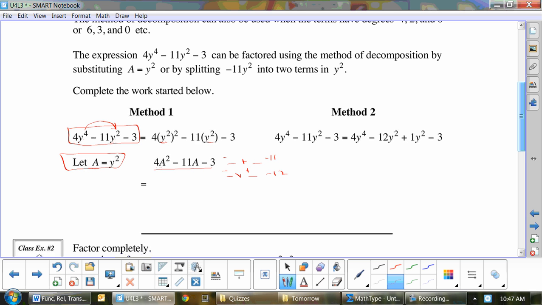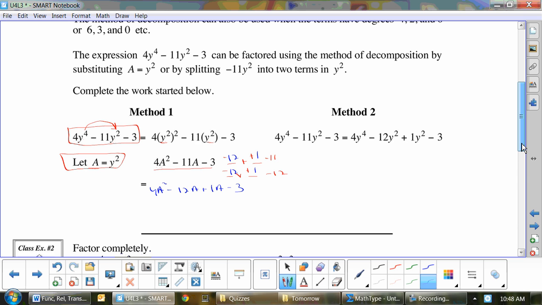Okay? And again, why am I being deliberate about that? Because the negative should win, so I want it to be the bigger of the two numbers. Those two numbers are 12 and 1. Okay? So then I would have 4a squared minus 12a plus 1a minus 3.